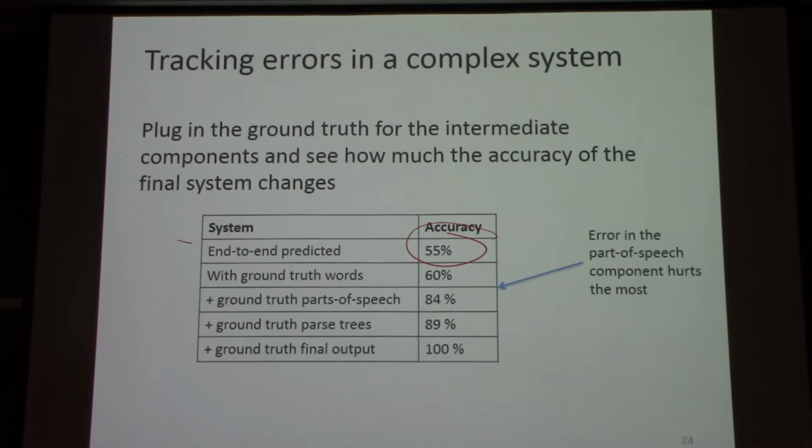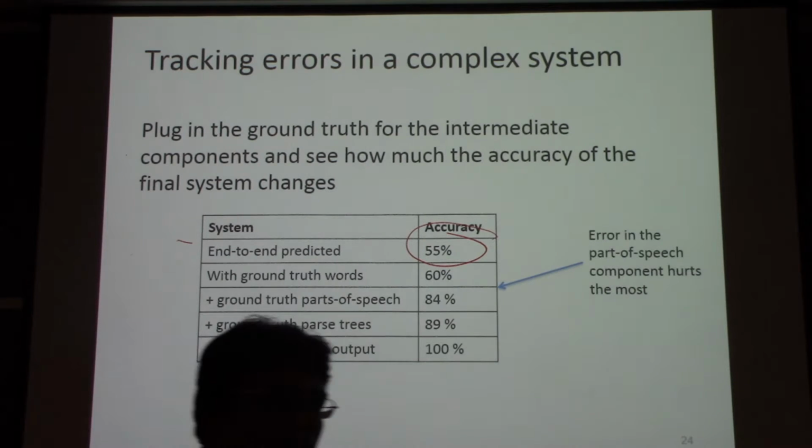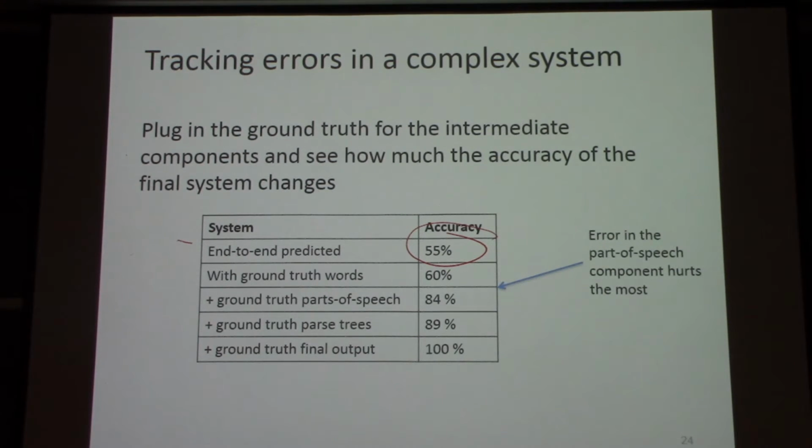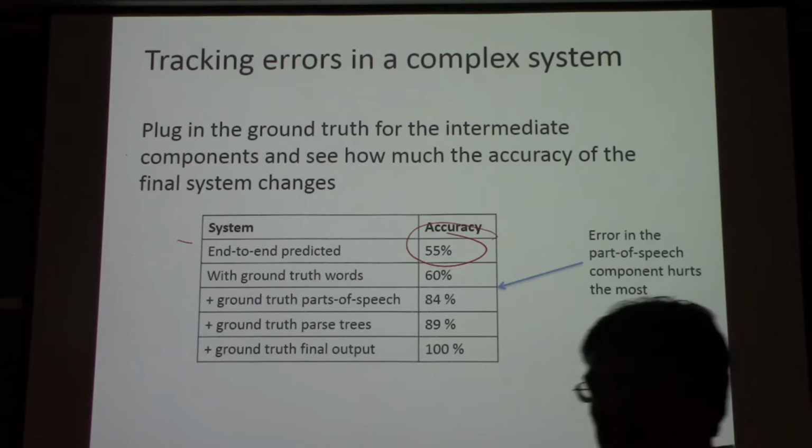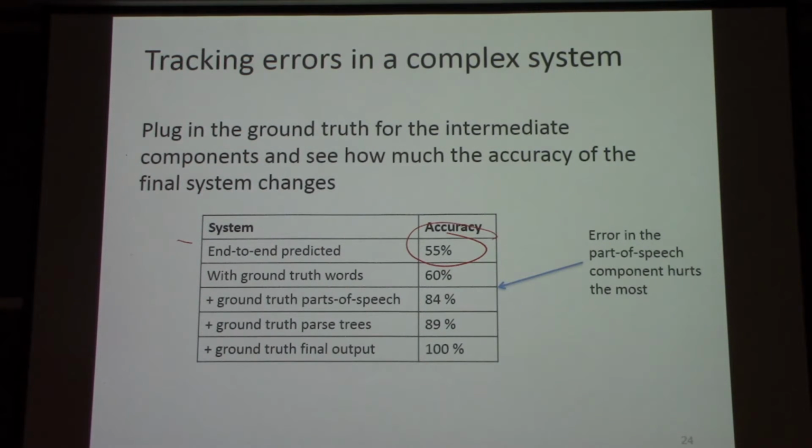And these numbers are just made up, but according to this, it suggests that the component that's contributing the maximum to the error is not your classifier, it's not your learning algorithm, it's not your features, it's actually the part of speech. If only you had a better part of speech system, then you might be able to do a better job of predicting. So really we are trying to diagnose the problem by not looking at machine learning, but by looking at what are the inputs that come in.